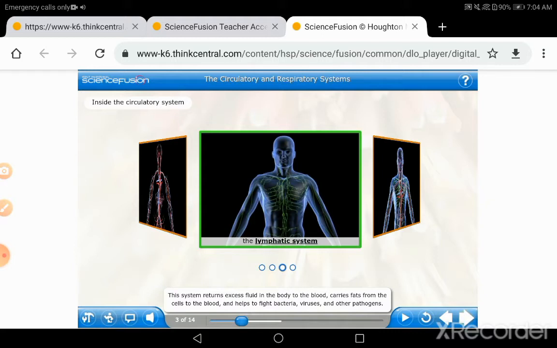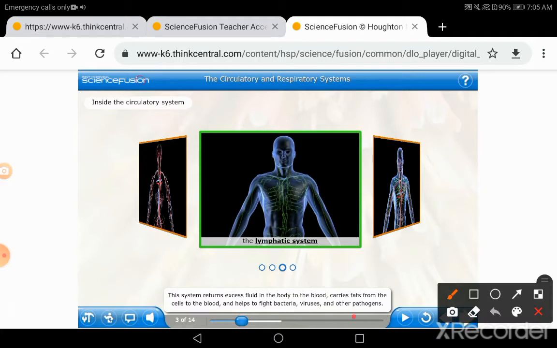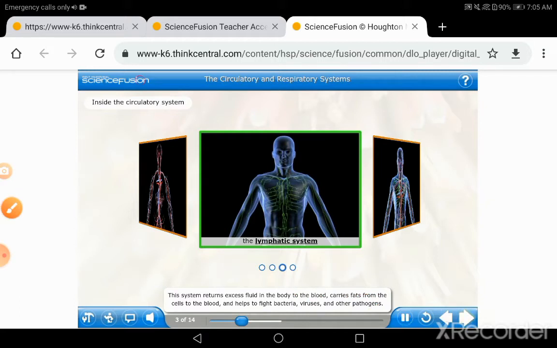The function of the lymphatic system is to return the extra fluid in the body to the blood and carry fats from the cells to the blood, and to help fight bacteria, viruses, and other pathogens. Pathogens are any microorganisms that cause diseases, like viruses and bacteria.